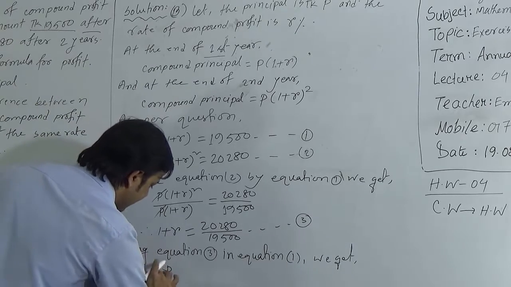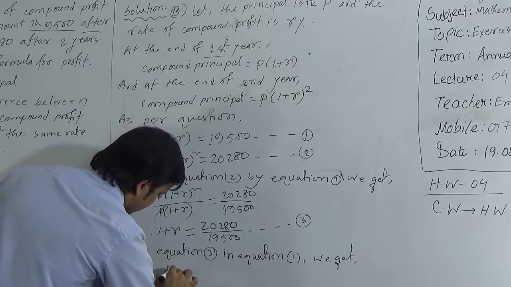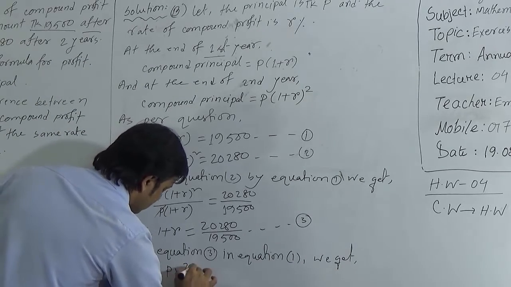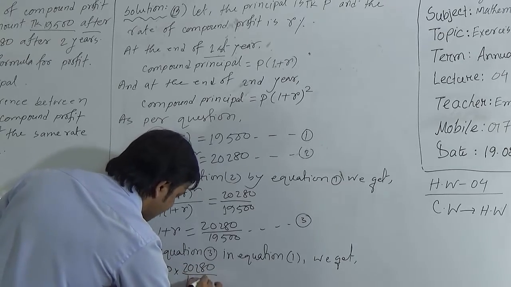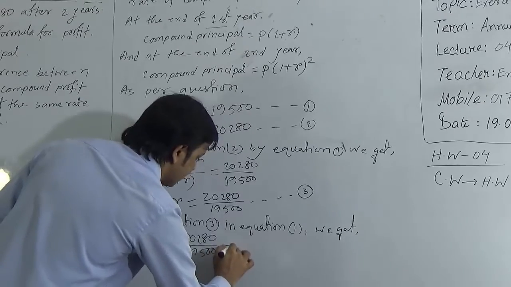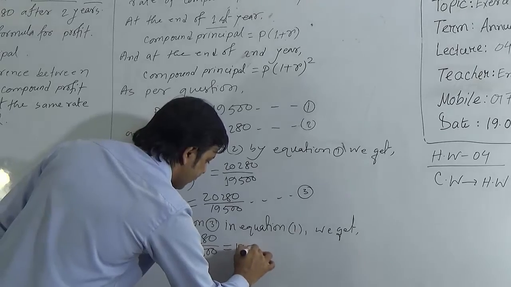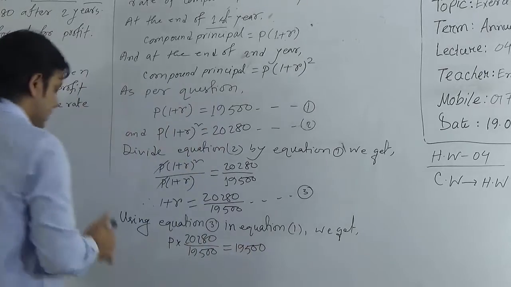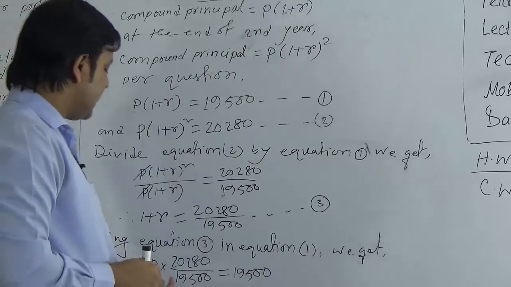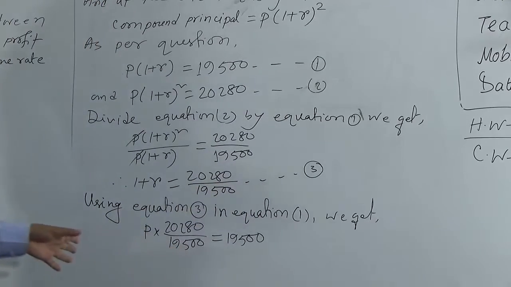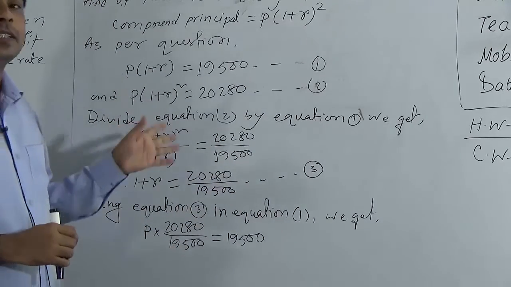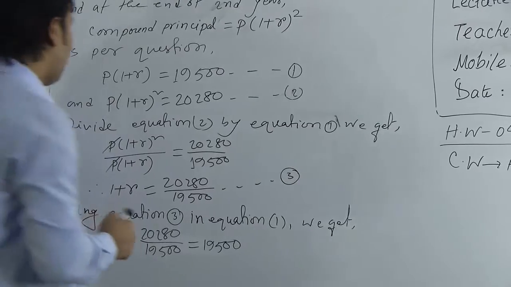So this will be P into 20,280 divided by 19,500, equal to 19,500. Now if we take this fraction to the right side, then we will get only P on the left side, and that value of the right side will be the value of P.